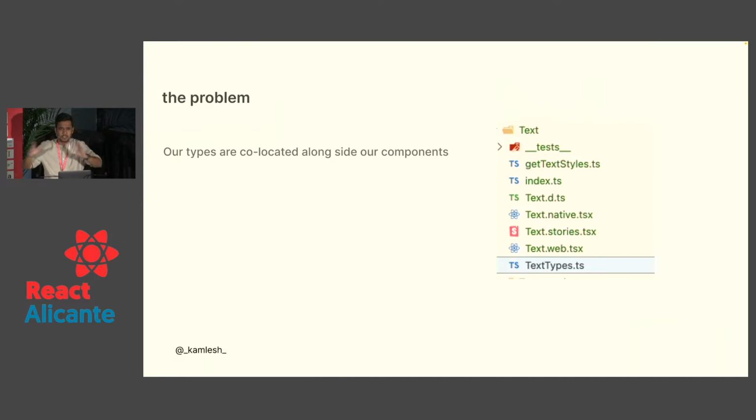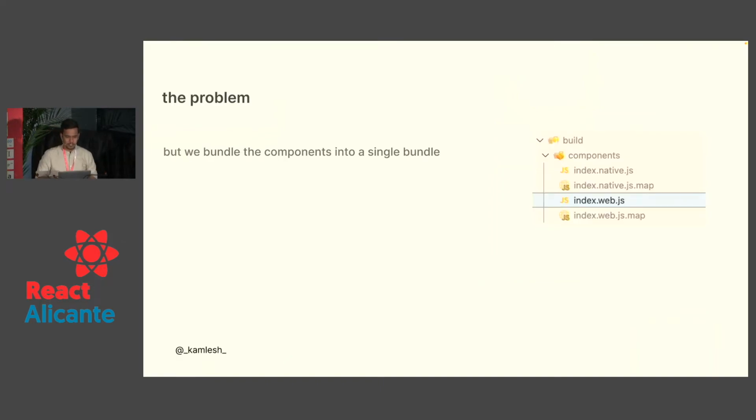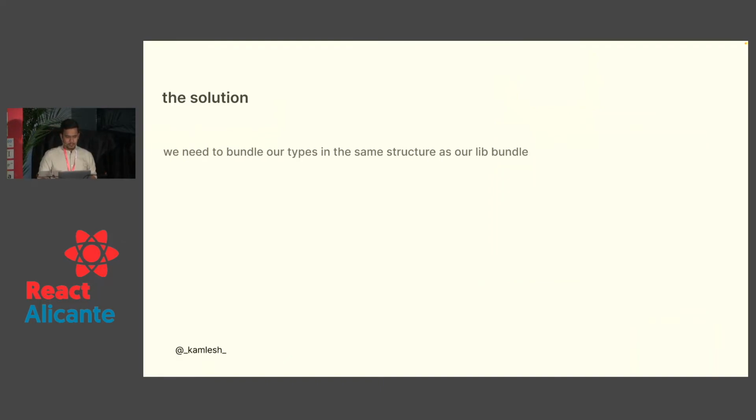We had a bunch of components, and it got bundled into one code. But what about types? So the solution is we also need to bundle our types so that it matches our structure as a library, and that's how all our code editors would be able to provide IntelliSense.